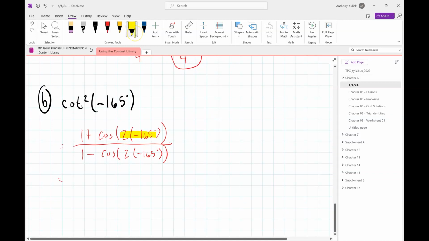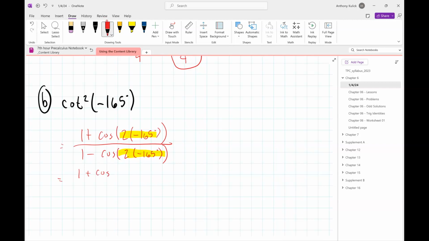Again, the first thing I'm going to do now is multiply that out. So 2 times negative 165 is negative 330. And now I want to find the exact value of cosine of negative 330.